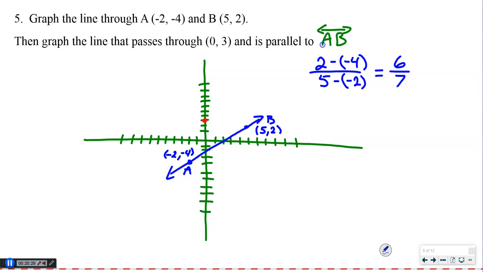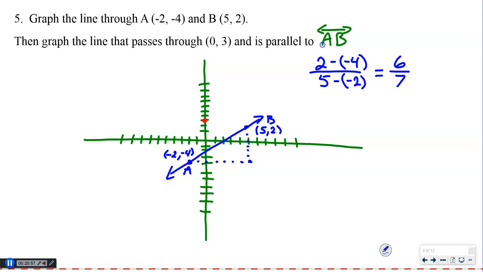And if I count that out on my graph, I should have a rise of 6 and a run of 7. So let's see if we get 7 to the right. We go 1, 2, 3, 4, 5, 6, 7. And 6 up. 1, 2, 3, 4, 5, and 6.